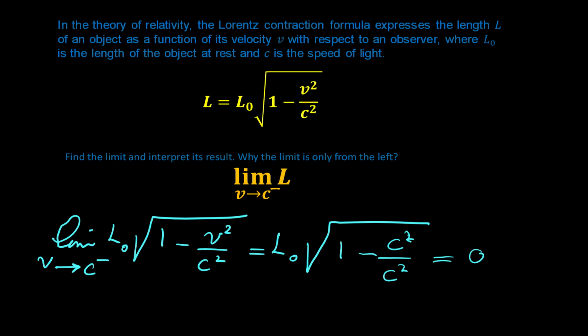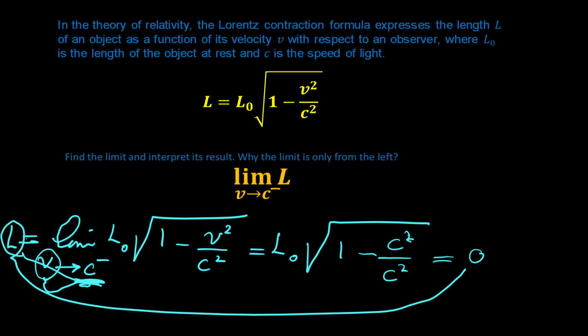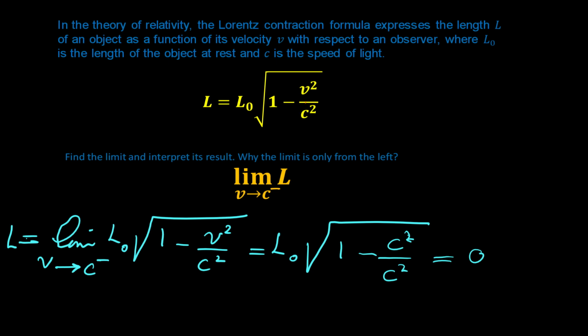So it seems that when the velocity of the object approaches the speed of light, the length of the object approaches 0. The length of the object becomes smaller and smaller, and it approaches 0 when the speed of the object increases and gets close to the speed of light.